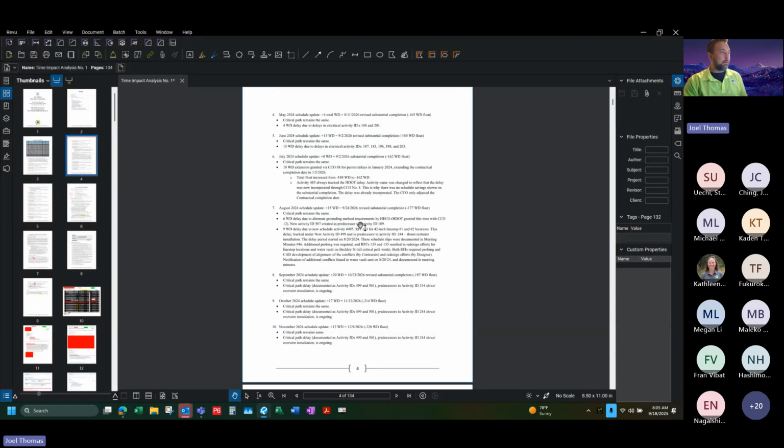Then I get down to the August area, or August 2024. And that was kind of where we started to really lose time. We did have 6 working days delay during early August, where HECO had required this alternative grounding method.